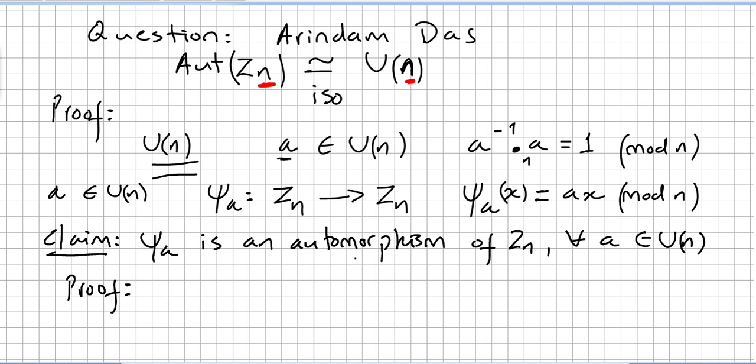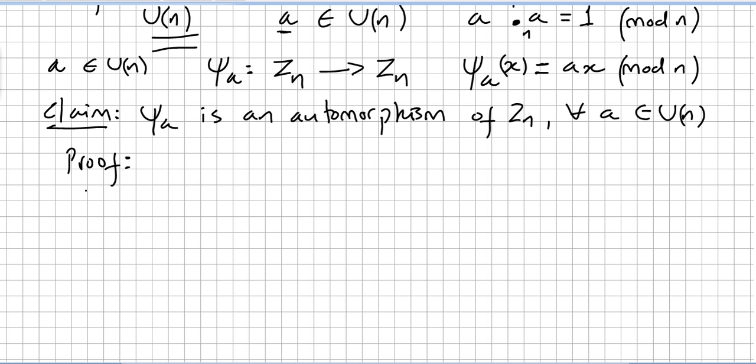I don't know the numbers of the videos, so please check my list. Shall we start proving that? We'll begin by proving that psi of a is 1 to 1.